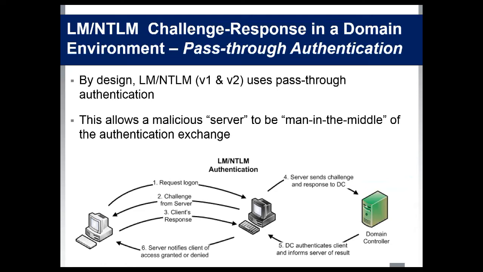In this situation, the problem is that, as we can see from the diagram here, the server that you're connecting to is essentially a man in the middle of the authentication exchange. The three steps at the top left of the diagram are the exchange we talked about a minute ago, where you request a logon, the server sends a challenge, and you answer the challenge with your NT hash.